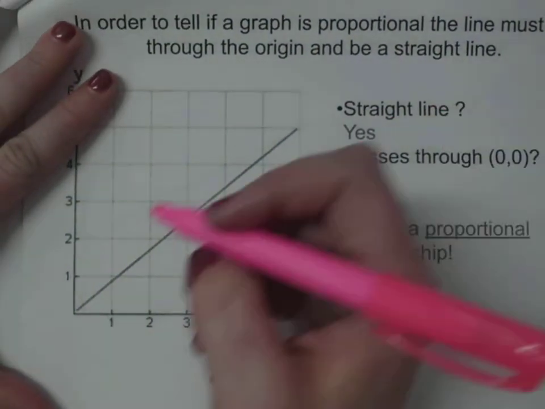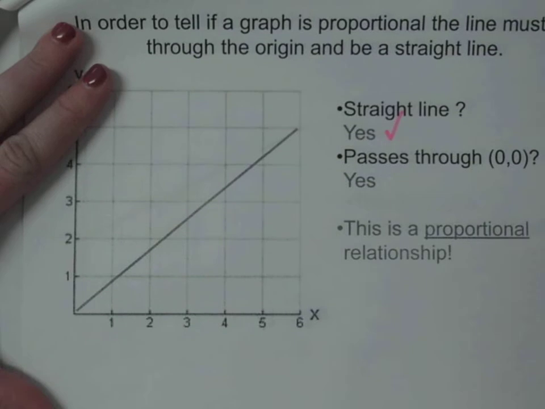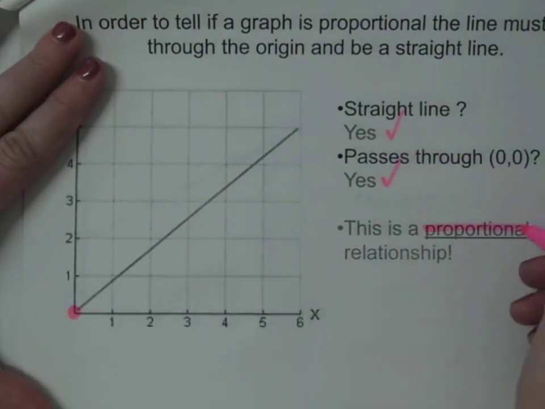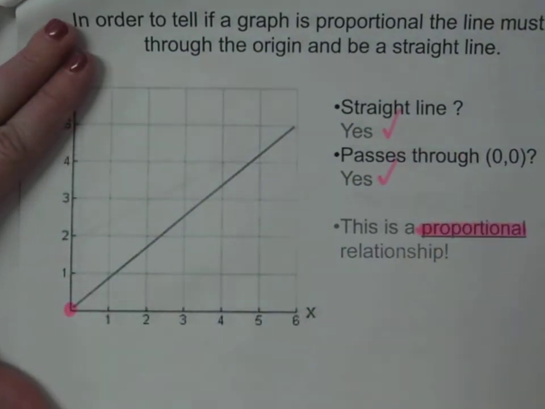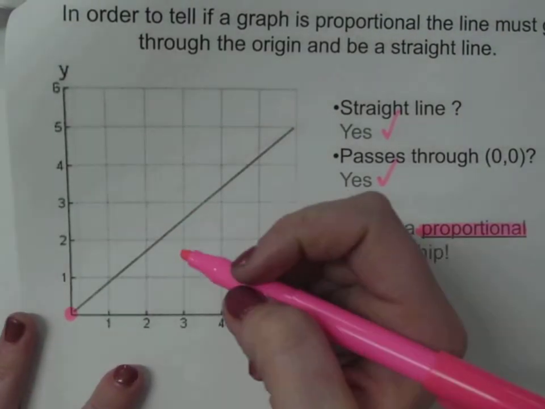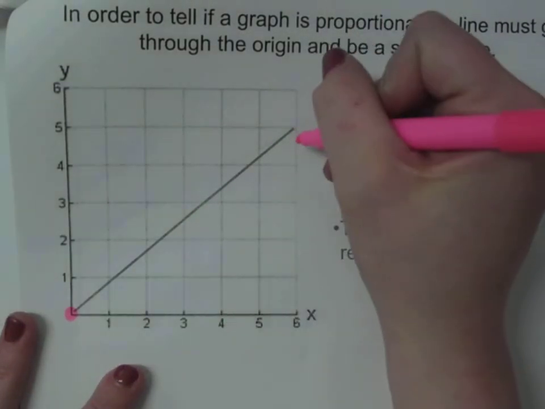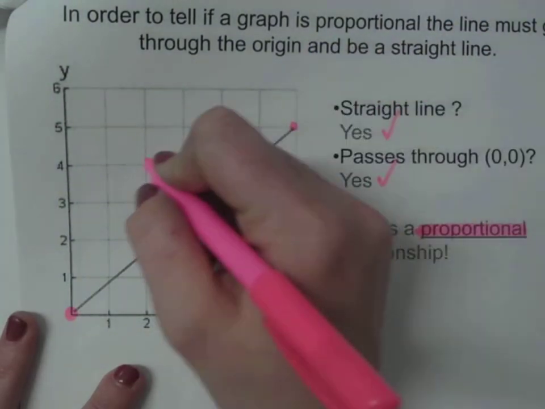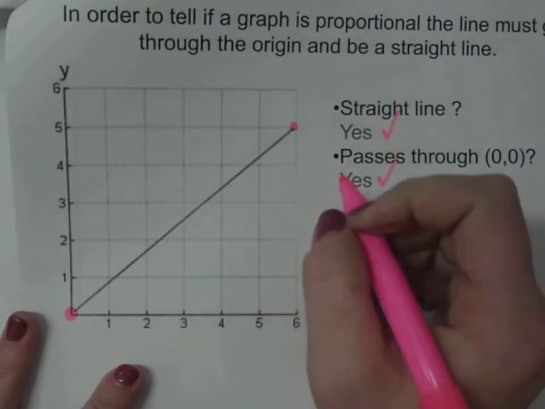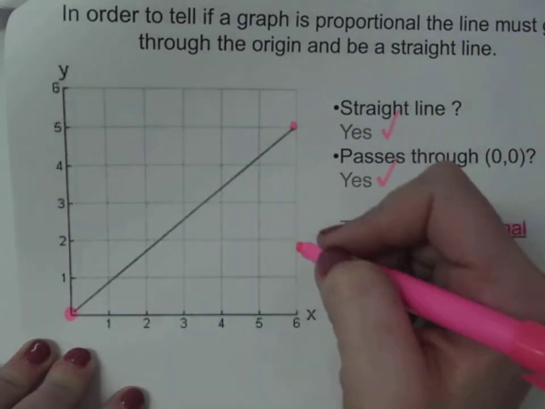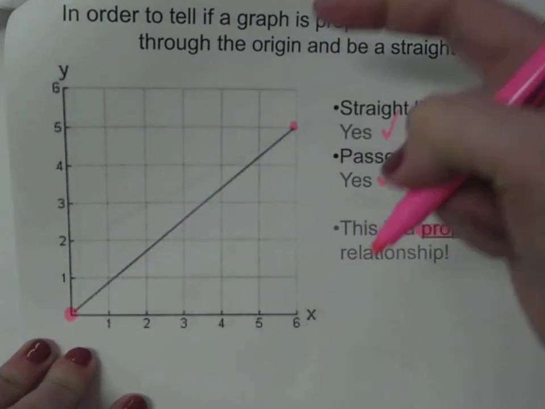So if you look at this graph, it is a straight line, and it passes through the point 0, 0, so it's proportional. And that's it. If you're given the graph, it's actually the easiest way. You don't have to do any division, because we could look at these points and divide them. Like 5 divided by 6, and then the next one would go up to 10.